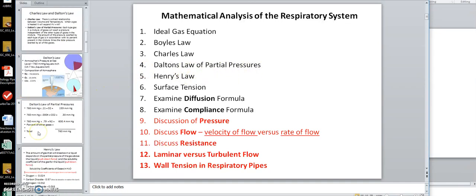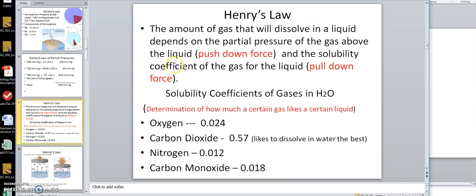Henry's law, we go to that next. The amount of gas that will dissolve in a liquid. Remember now we have fluid that we have to dissolve these gases in, because we have fluid on the lining of the pipes, and we have fluid in the blood vessels because we got blood.